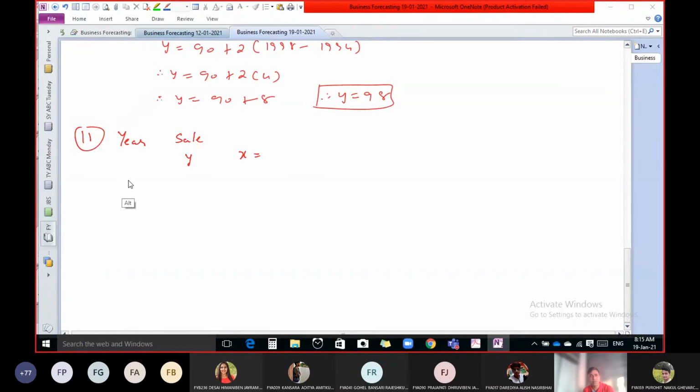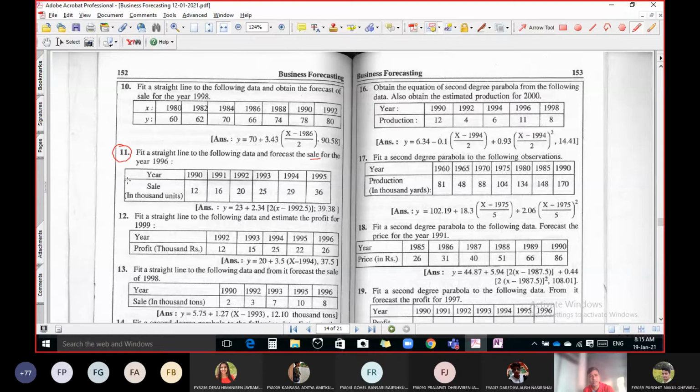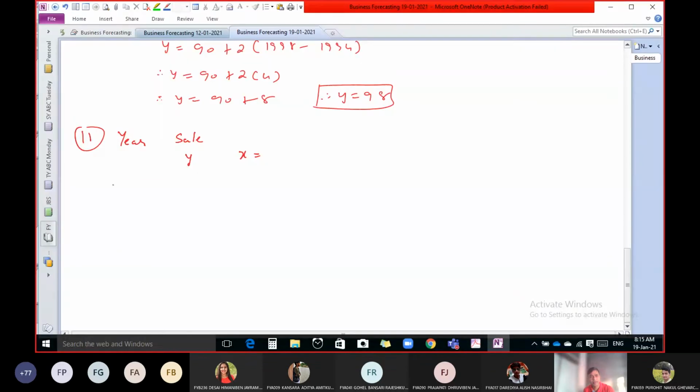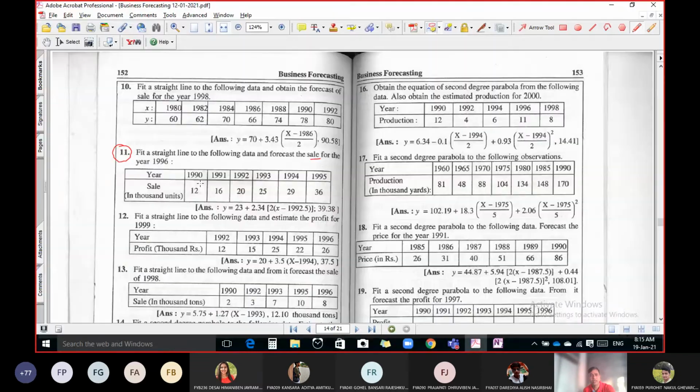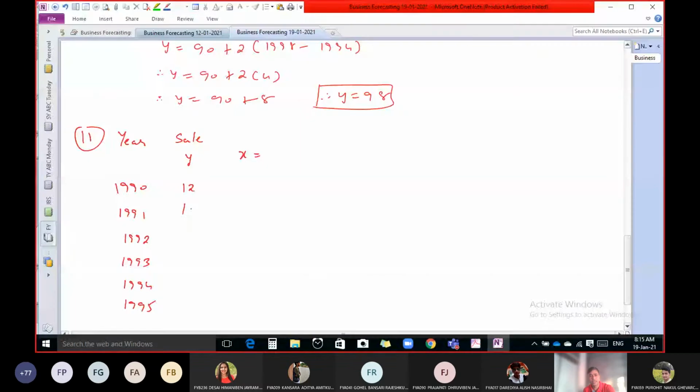Data for 1990 to 1995. And the values of y are 12, 16, 20, 25, 29 and 36.